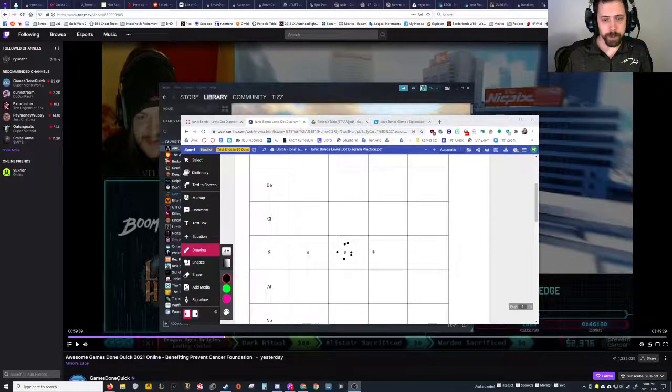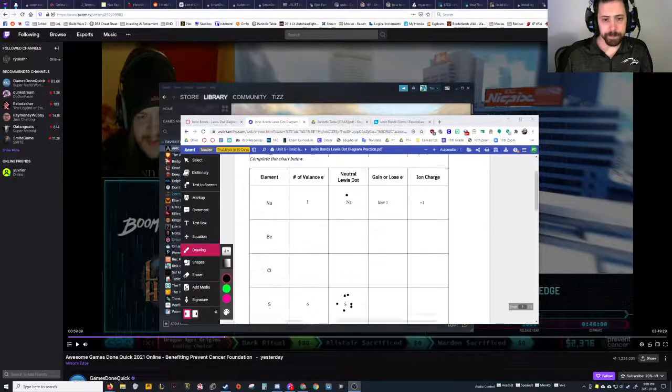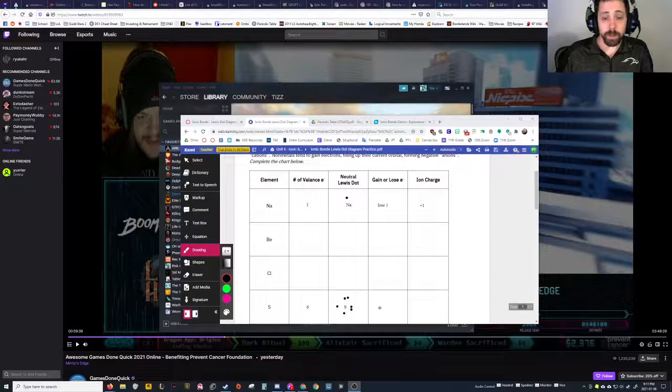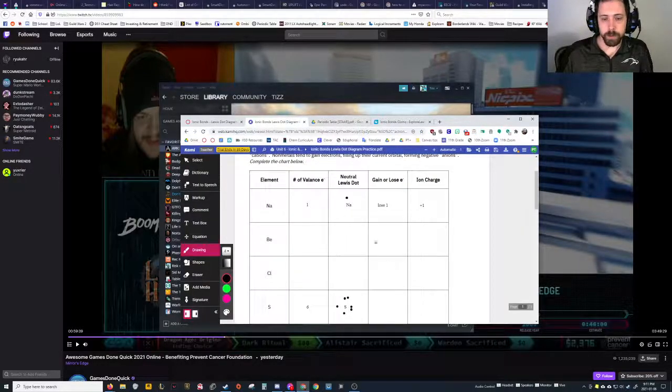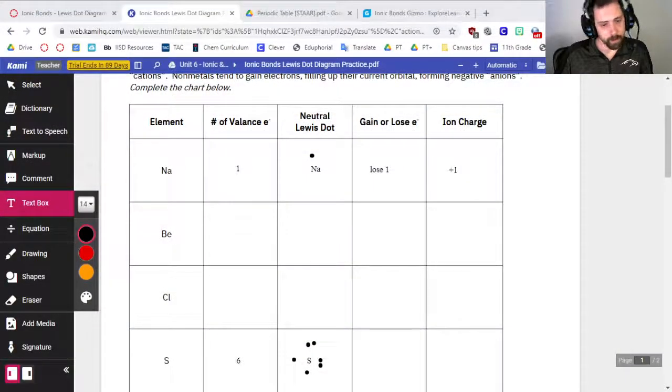Alright, sorry, I just wanted to zoom in a little bit here. So, we said it wanted to gain electrons because it's a nonmetal, and nonmetals want to gain electrons. So, I need to fill in my answer here by clicking on text box.